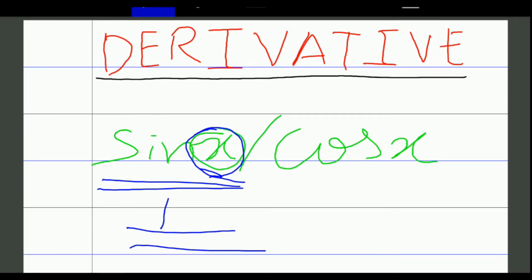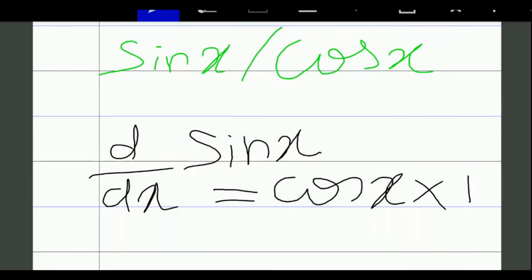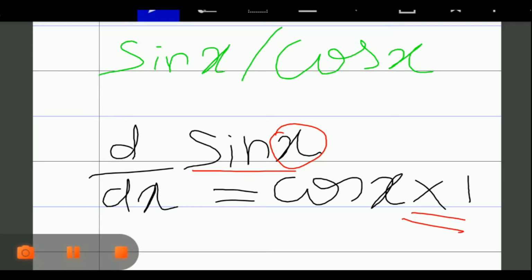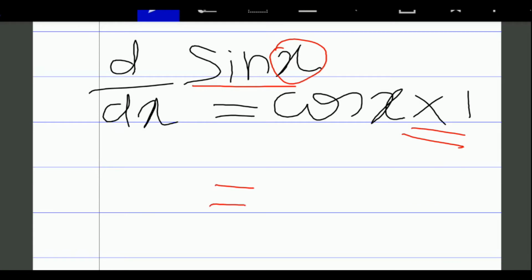If you do not understand this, I will clear this out. Derivation of sin x becomes cos x, and derivation of x becomes 1. This x gets derived after sin x is derived. They are getting multiplied, and the final answer we get is cos x.